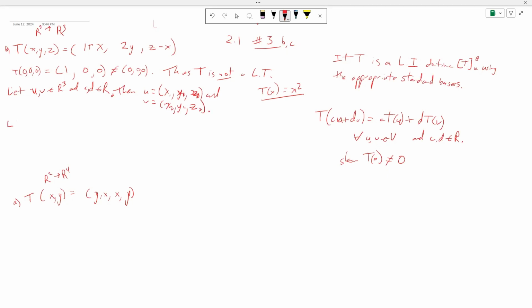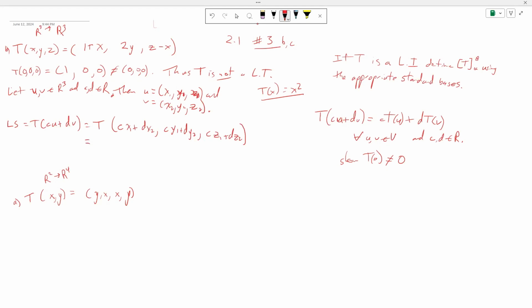Now let's look at what happens to our left side. Our left side equals T of cu plus dv, which equals T applied to (cx1 plus dx2, cy1 plus dy2, cz1 plus dz2). Notice I'm expanding this vector addition inside before I apply my linear transformation.